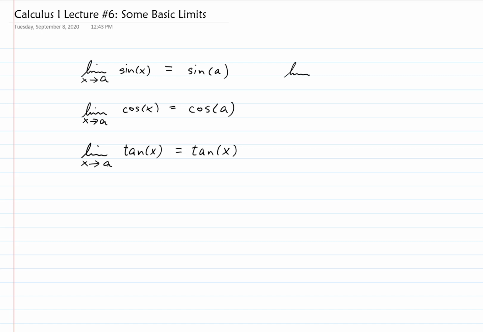The limit of cosecant of x as x approaches a equals cosecant a. Same for secant. And cotangent.